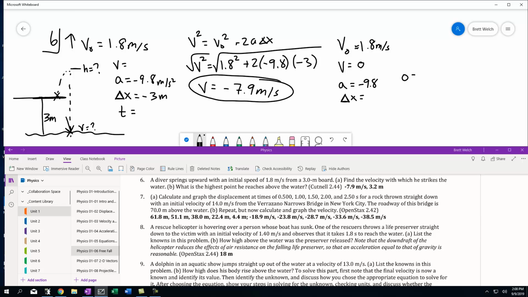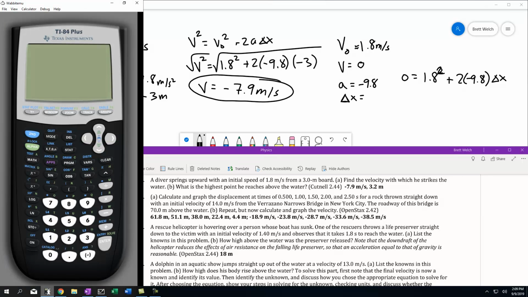We have 0 equals 1.8 squared plus 2 times negative 9.8 delta x. To solve this, I'm going to subtract the 1.8 squared. Maybe I'll grab a calculator just to run through it. 1.8 squared.